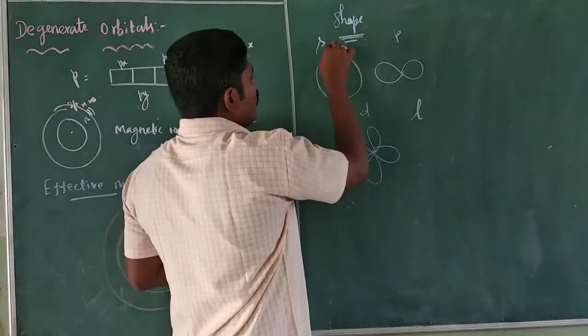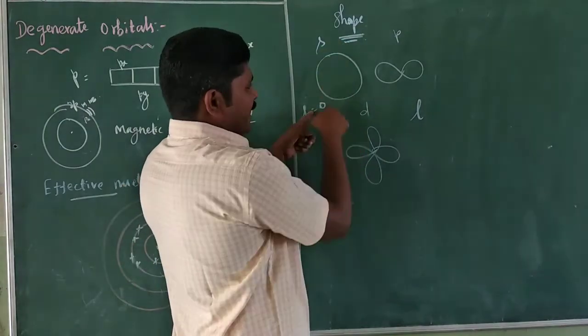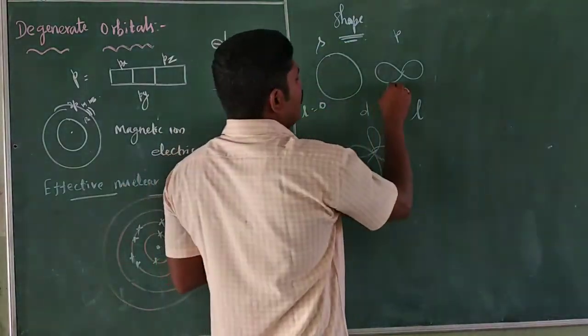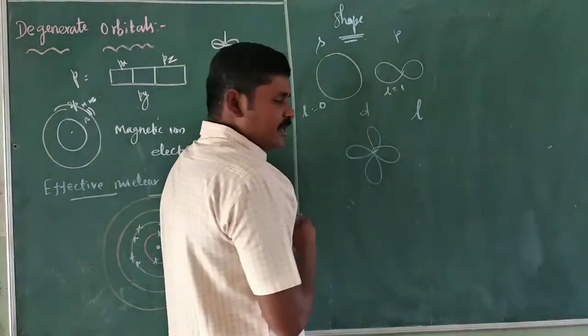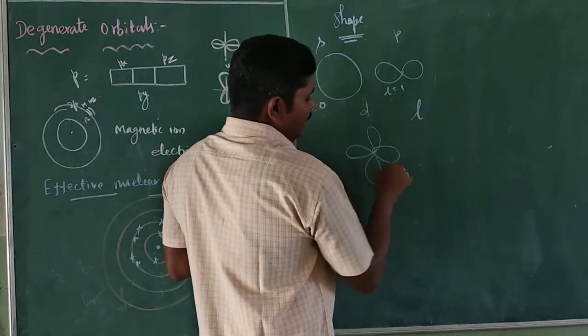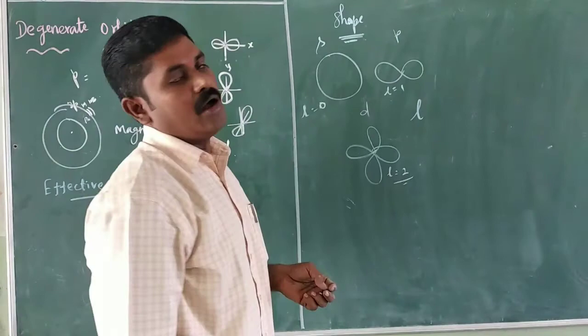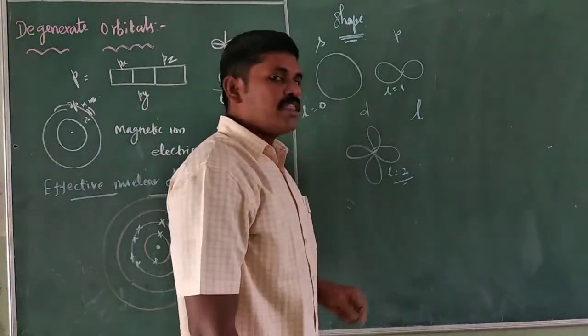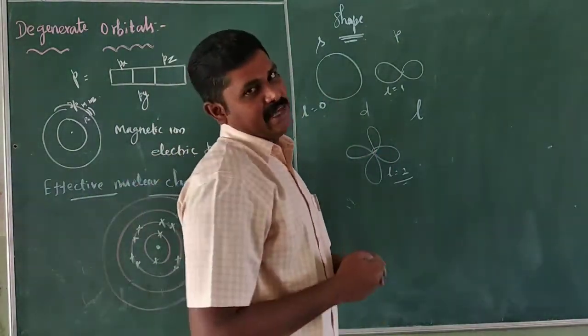The l value is 0 for the s orbital, 1 for the p orbital, and 2 for the d orbital. As the l value increases, the effective nuclear charge decreases.